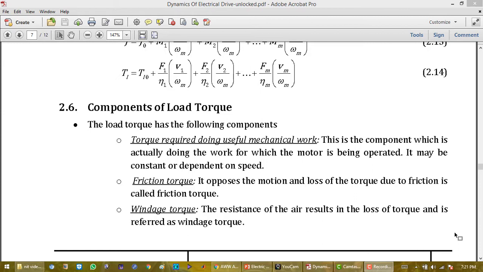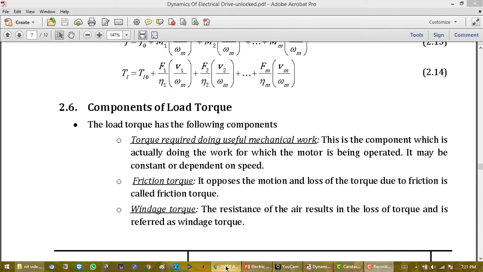The second one is frictional torque. You know that friction opposes the motion, and loss of torque due to friction is called frictional torque. And the third one is windage torque. The resistance of air results in loss of torque and it's referred to as windage torque.